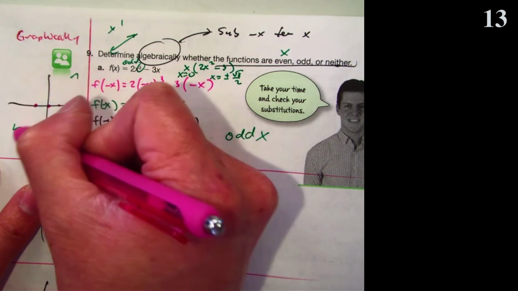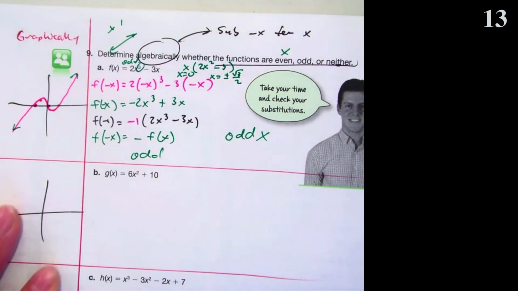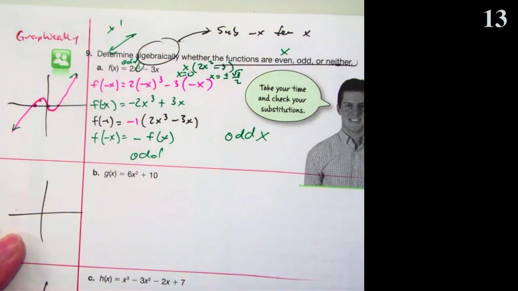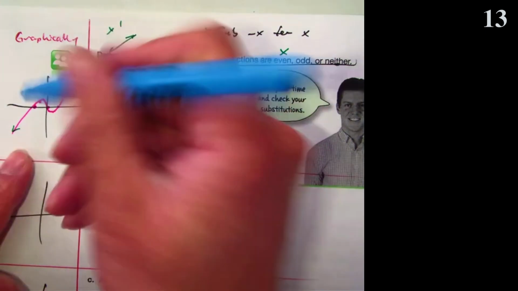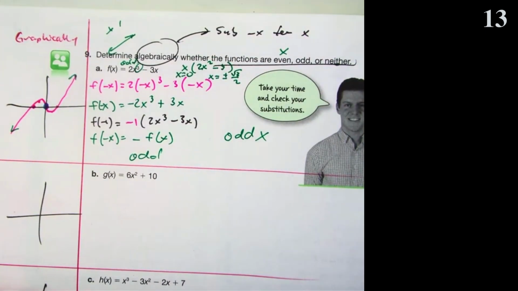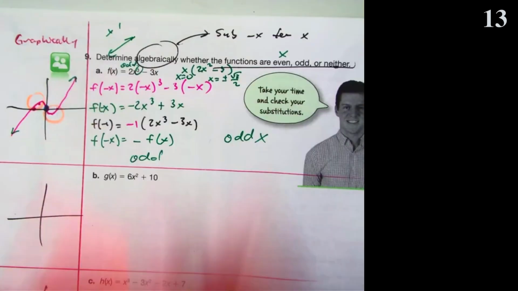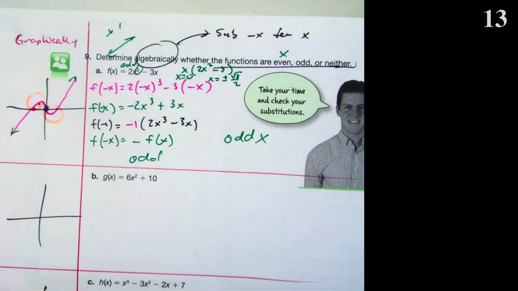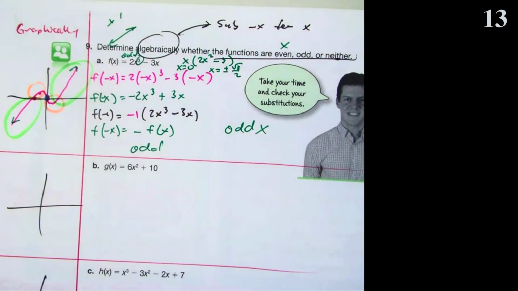One, two, yeah, that would work. And notice how if you graphed it something like this, to check that it is symmetrical, you'll just look going across: small bump, small bump. One line, one line. Okay?